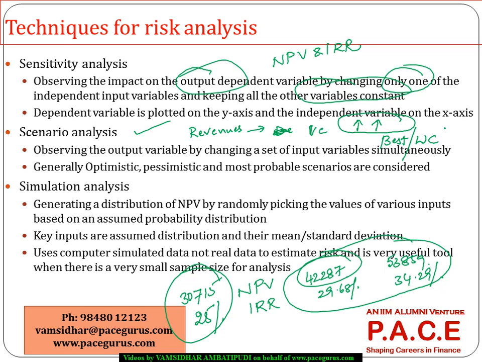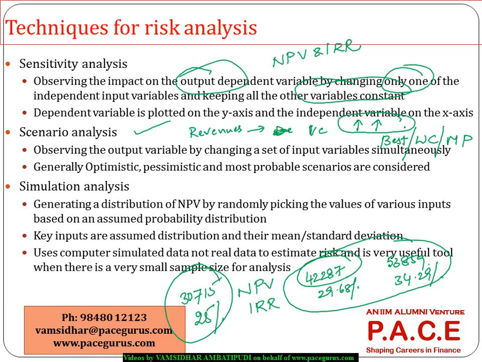If the economy is very, very bad, what could be the numbers? And the most probable case, or the typical regular case, what are the values for the combinations of revenues, expenses, etc.? In all these, find out your NPV, and finally see how the NPV is changing for each of these scenarios. That is what we call scenario analysis.